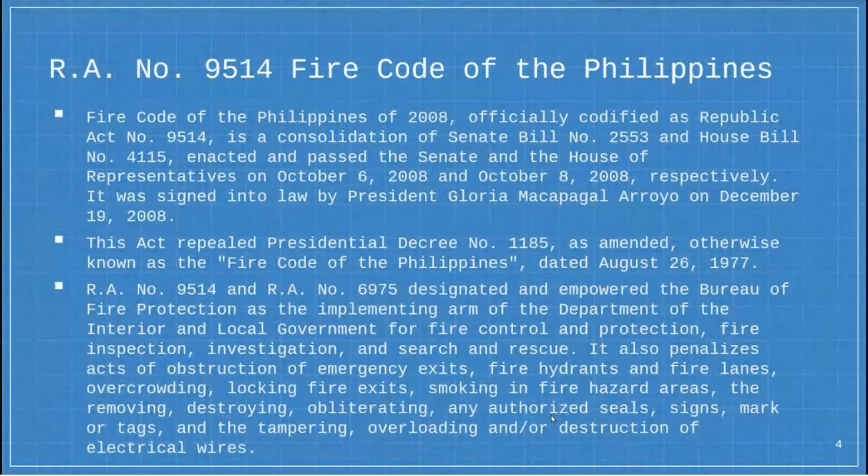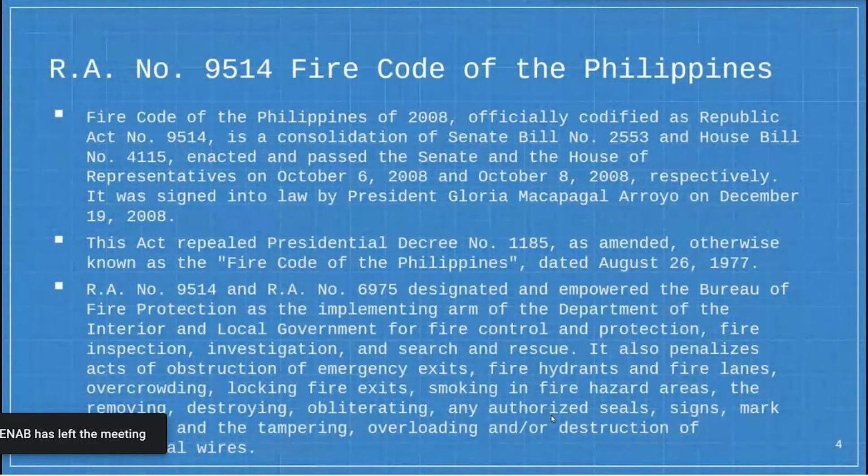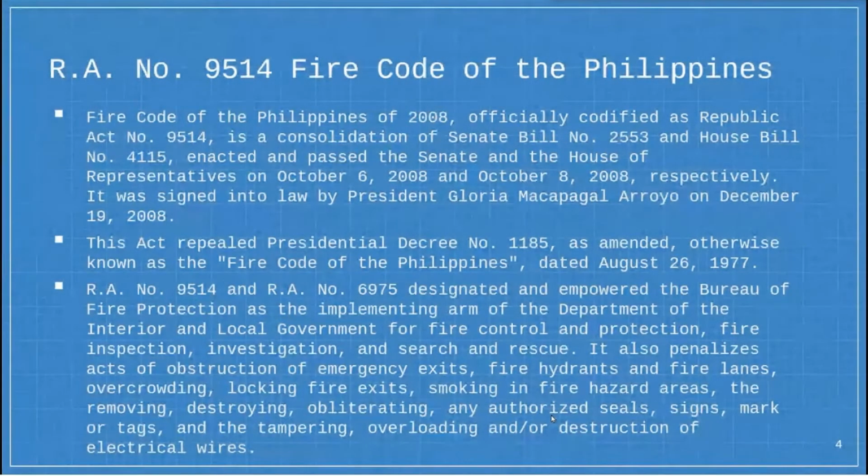The code was signed by President Gloria Macapagal Arroyo in December 2008, which allows us to give focus on prevention and suppression of all destructive fires, as well as professionalization of the fire service as a profession.